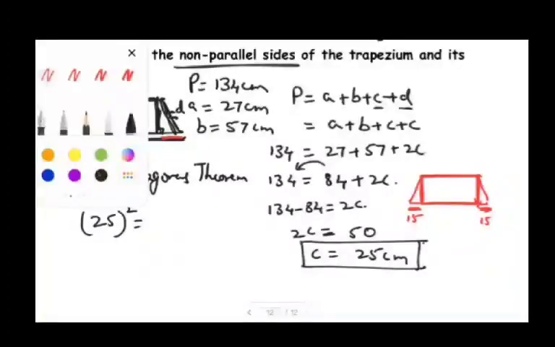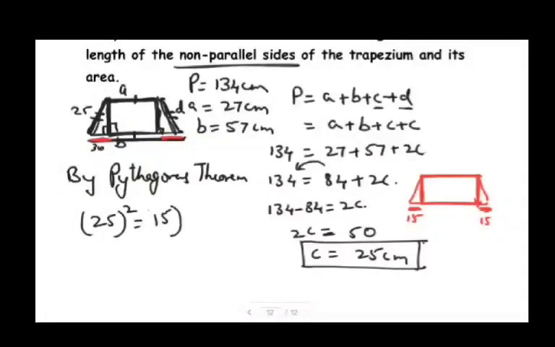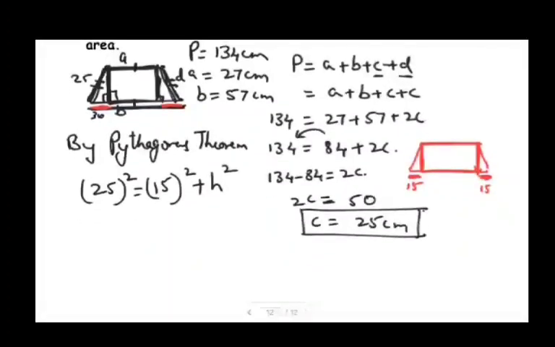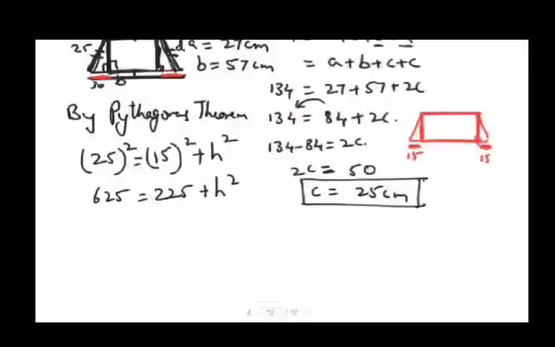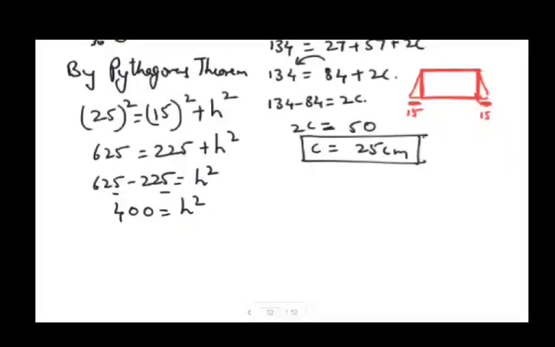So it's 15 squared plus the height squared, equal to 25 squared. 25 into 25 is 625. 15 into 15 is 225, plus the height squared. 625 minus 225 is equal to height squared, which is 400.